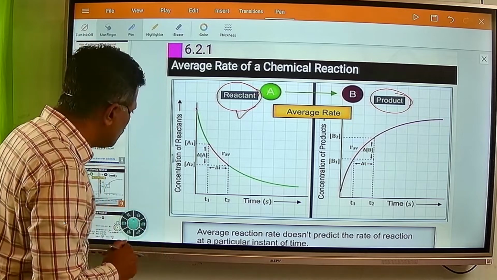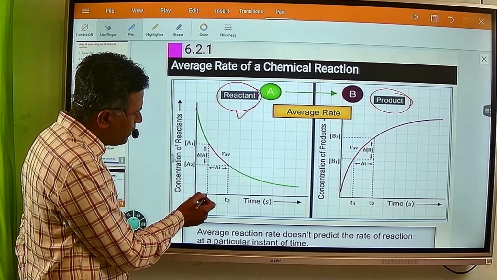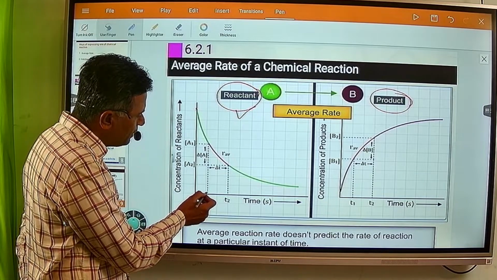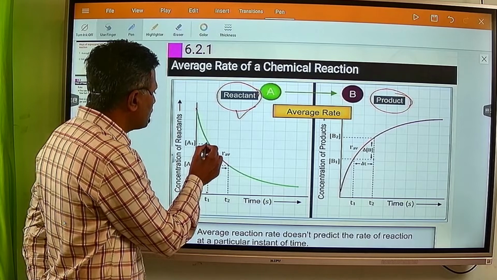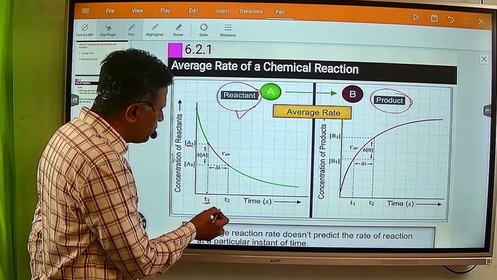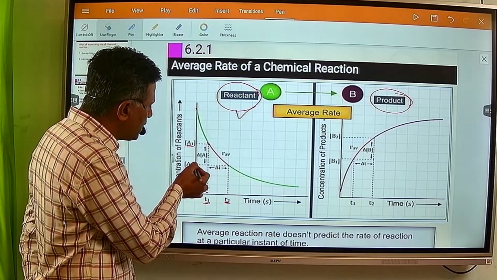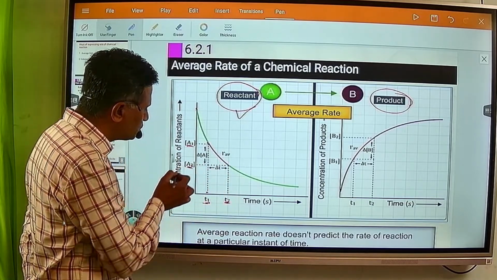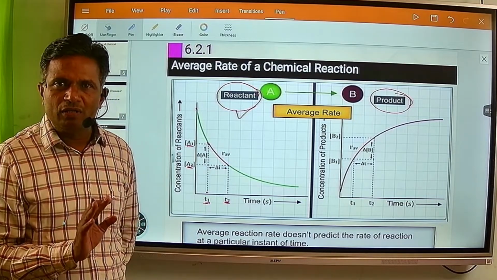Let us say on the basis of this curve, first of all you have selected time t1. At time t1 the concentration of reactant is A1, and at time t2 the concentration of reactant is A2.